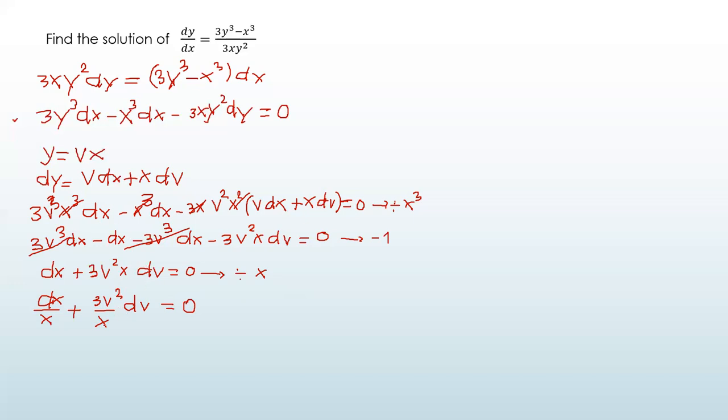No need to write down the x, just 3v squared dv, I mean.